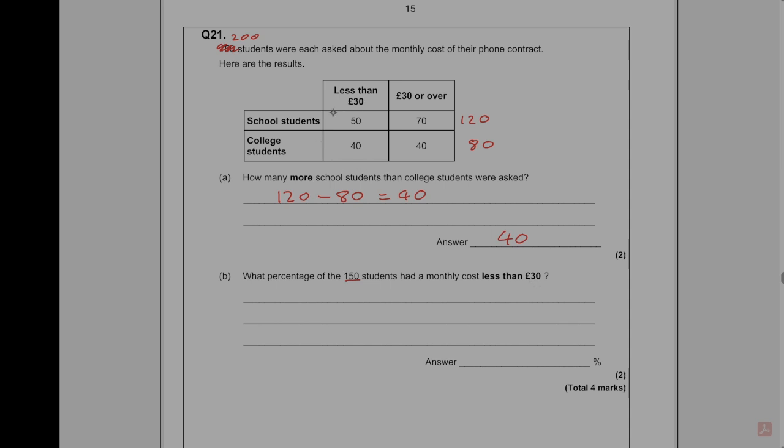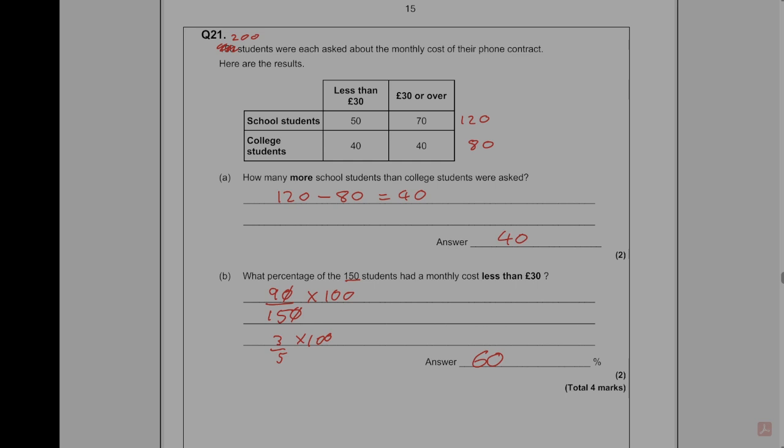If we hadn't spotted that this added up to 200, we would have done 50 plus 40, which is 90, so it would be 90 out of 150. And then times that by 100 to get it as a percentage. So that's going to be cancelled down to 3 over 5 times 100, so that would be 60%.